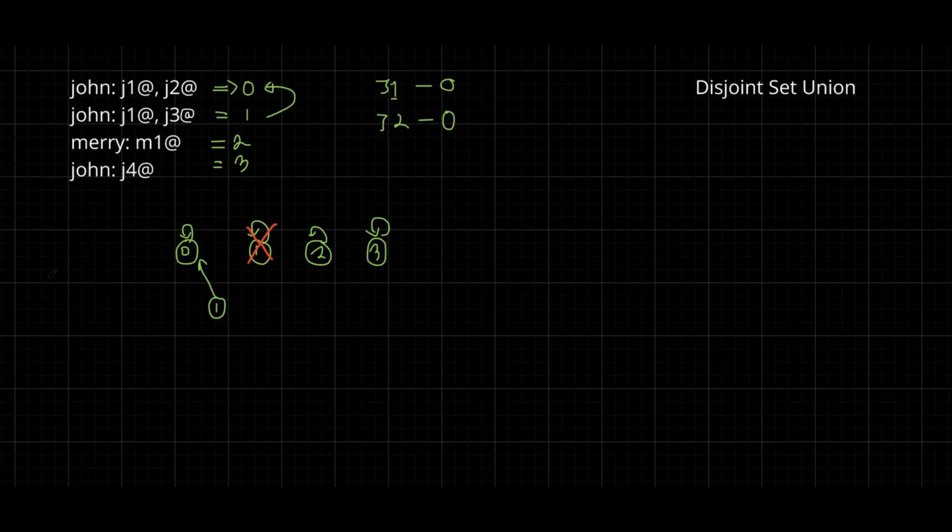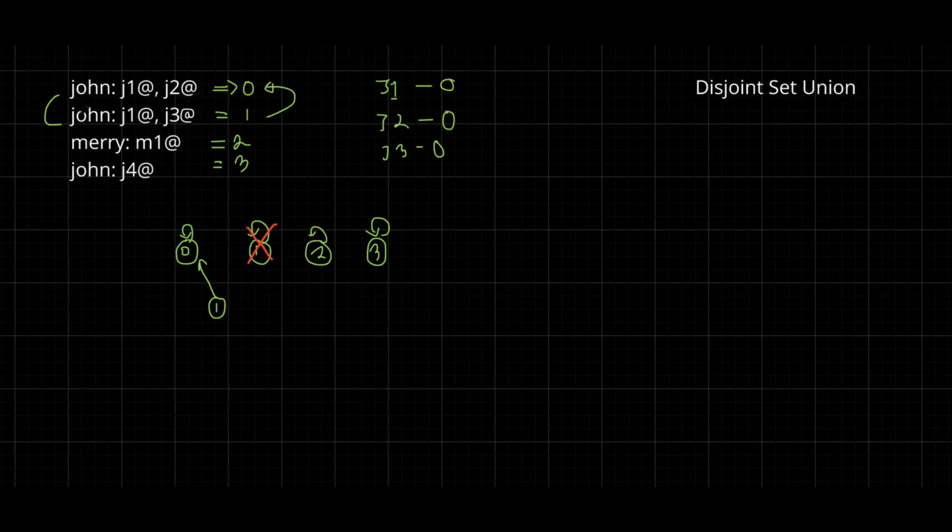Now, for J1, it belongs to group 0. Now, for J3, it belongs to group 0 right now, because J3 belongs to group 1, but as this John is merged with this John, now J3 also belongs to group 0.